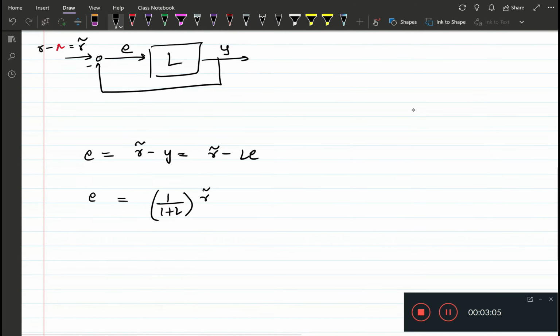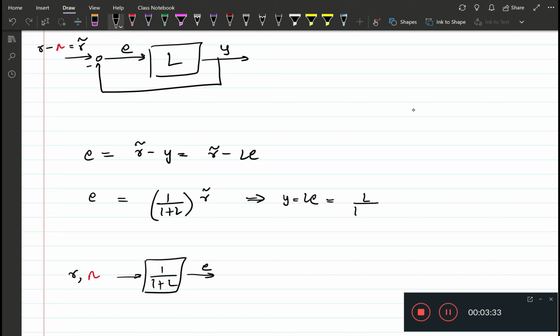And now R tilde is composed of R and N. So what we have is the transfer function from R and N to error E is 1 over 1 plus L. Similarly, we have from this equation, because Y is just LE and E is this times R tilde, we have L over 1 plus L times R tilde equal to Y.